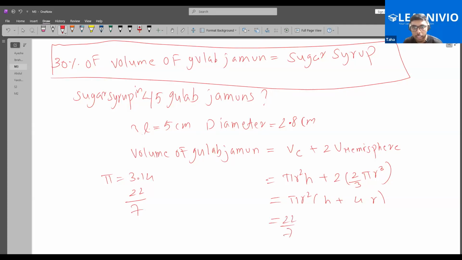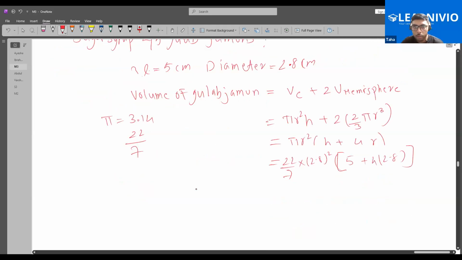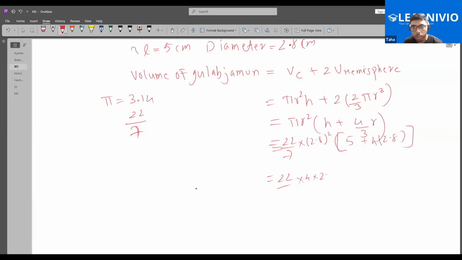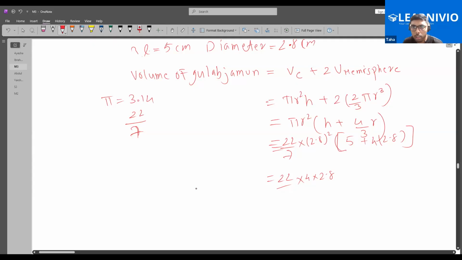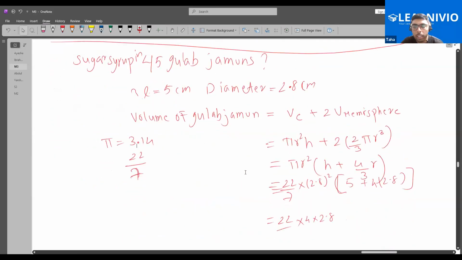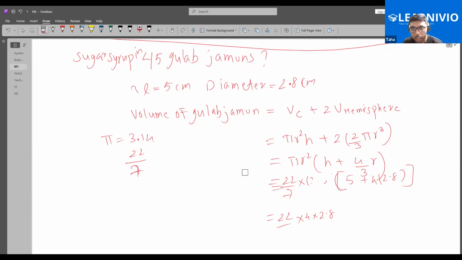So 22 by 7 into the radius 2.8 whole square, plus the height 5 plus 4 into 2.8. Yes, Umar? The radius is 1.4. Oh, we were taking the diameter. Sorry.